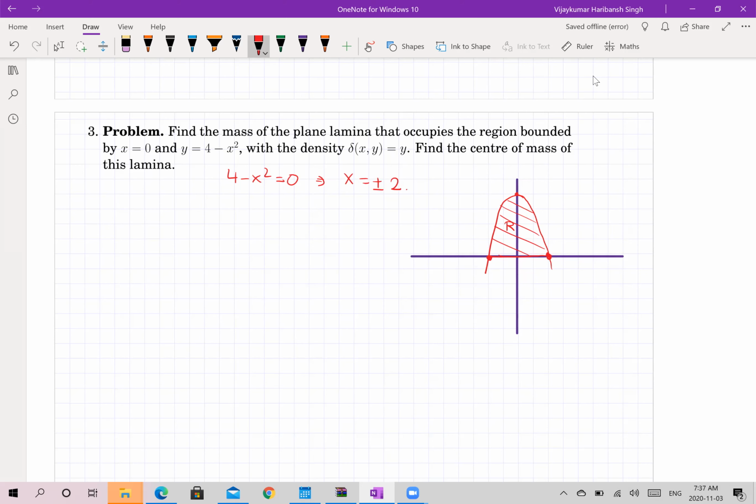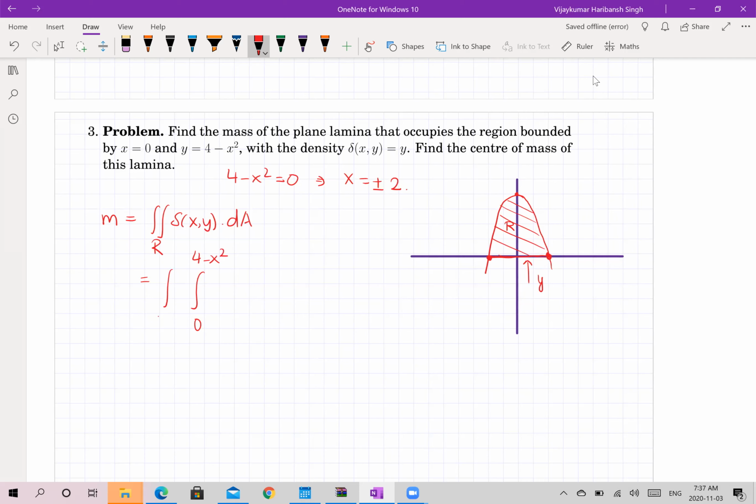So what is our mass going to be? Mass is the double integral over region R of delta(x,y) dA. Now we can write it as an iterated integral. It'll be easier to take y first. When you have an arrow in this direction, it hits this curve first, which is y equals 0, and when it leaves, it hits 4 minus x squared.